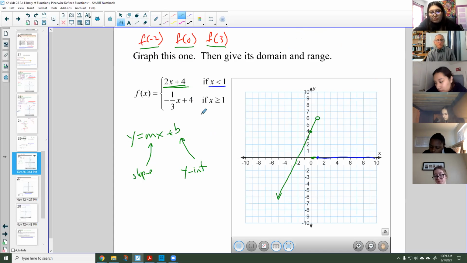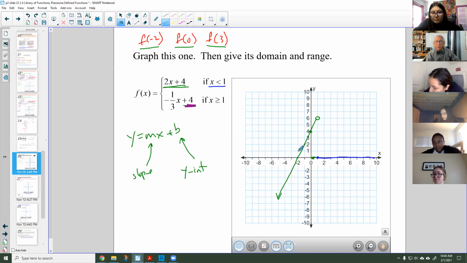Now my second piece: again, I have a y-intercept of 4. I want a different color. A y-intercept of 4, a slope of -1/3, and this is for x greater than or equal to 1. Glenn, think through carefully.